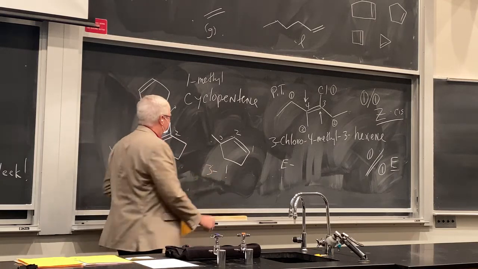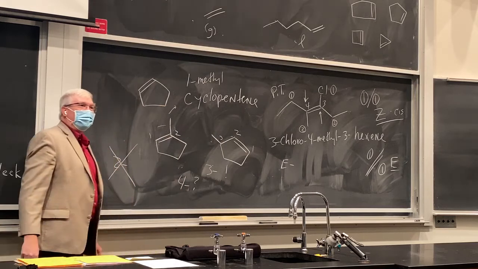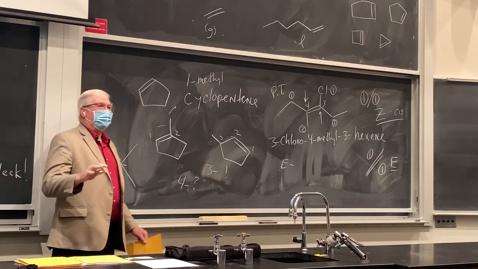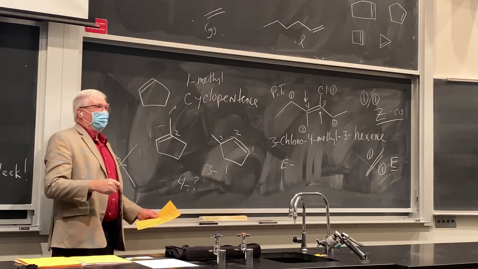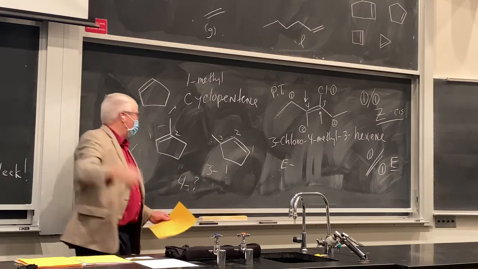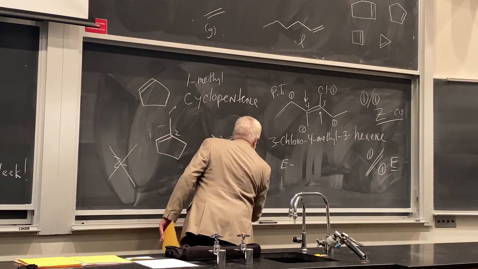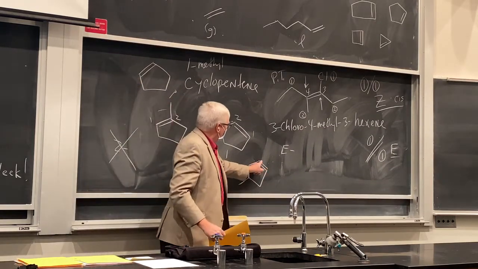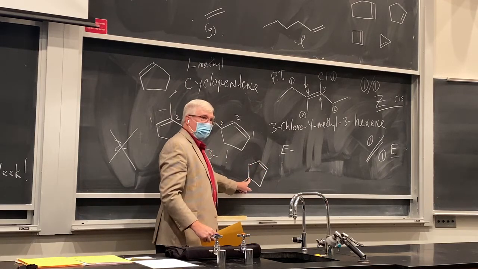Oh, is there a 4? Is there 4-methyl cyclopentene? What do you say? Let's think about that for a second. Some people say thumbs up, others are wavering. Is there such a thing as 4? Yeah, okay. What would it look like? Look like this? Or we'd have it there, right? And number it. 1, 2. We got to number through both carbons. 1, 2, 3, 4. Yeah.